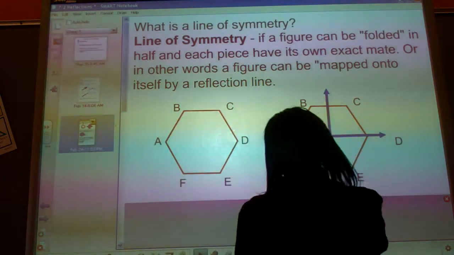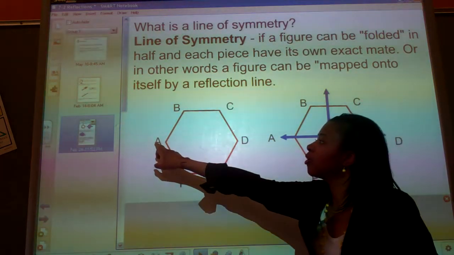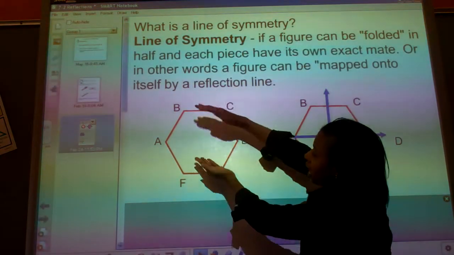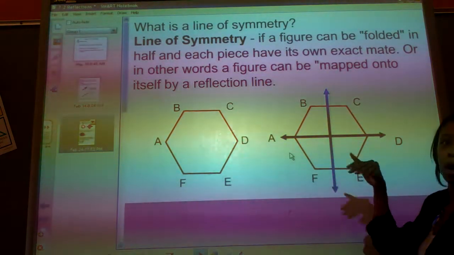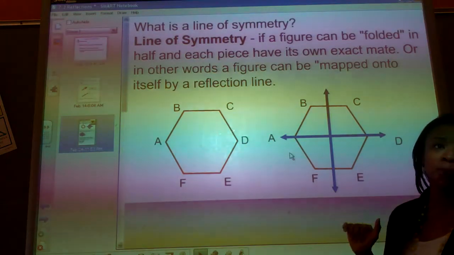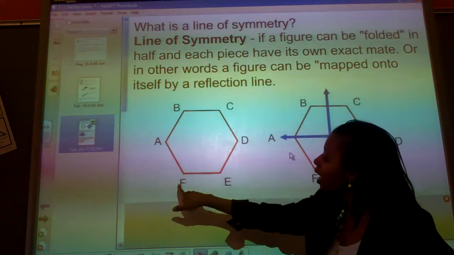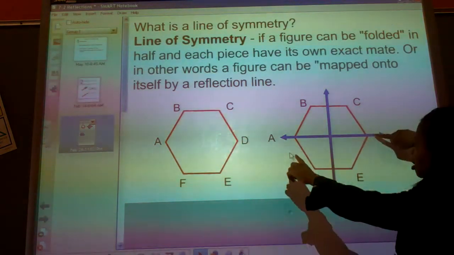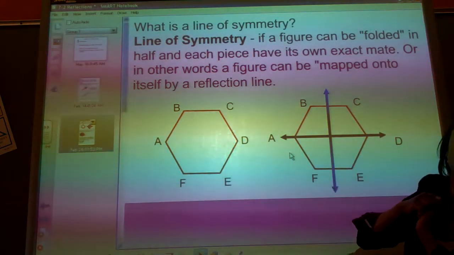Let's say I were to fold and create a line of symmetry from A to D, like here drawn. If I were to fold it in half, based on the line of symmetry, that means that F will have a twin. F's twin is B. Look here, here's the line AD drawn, the line of reflection in blue.